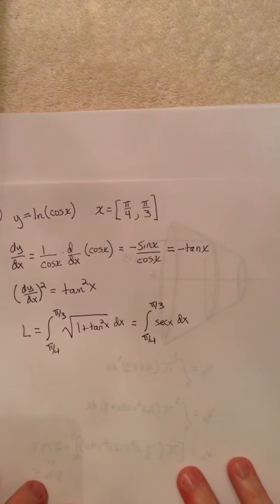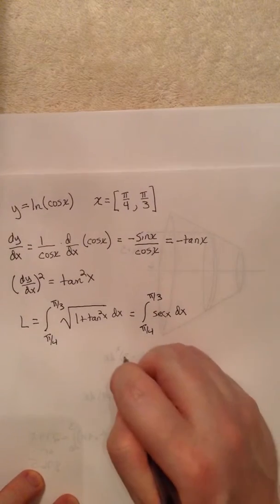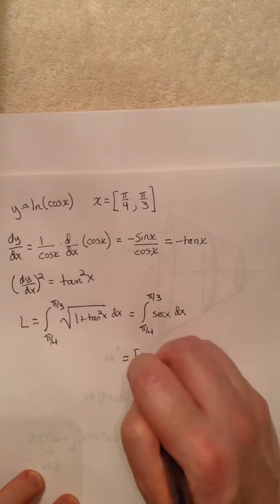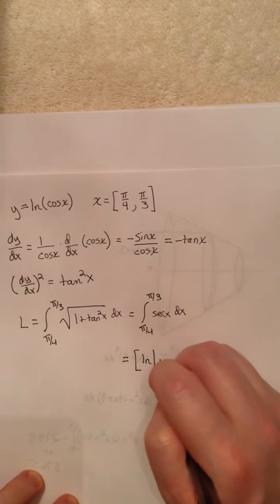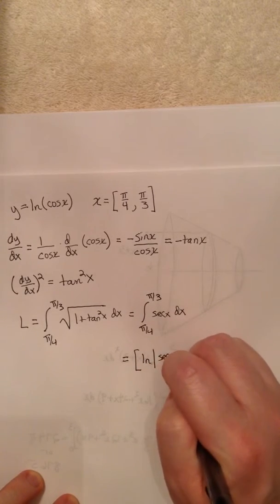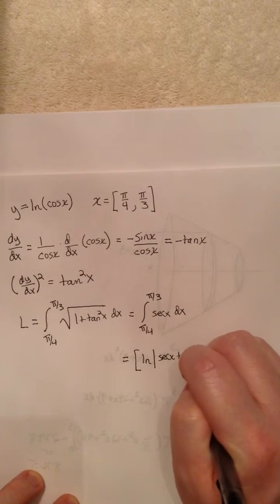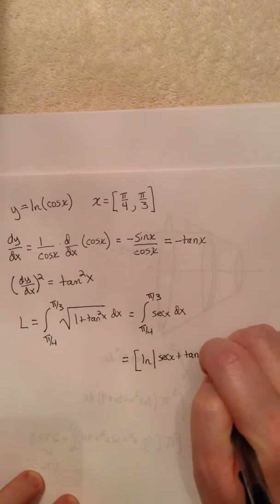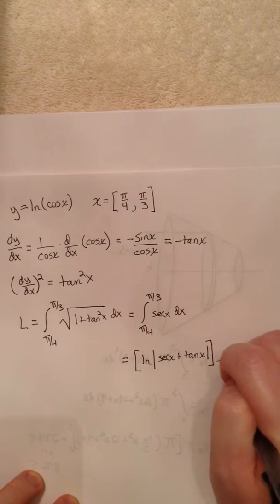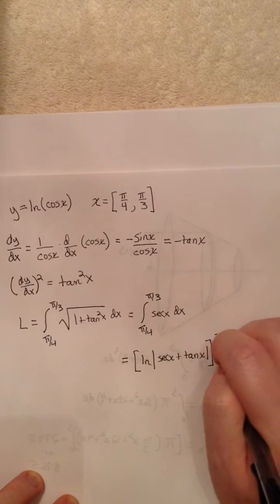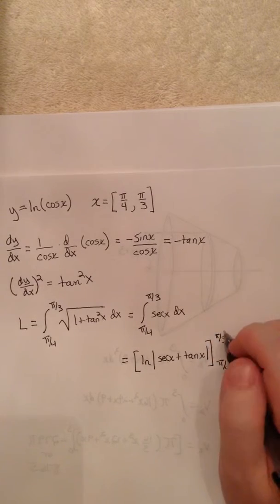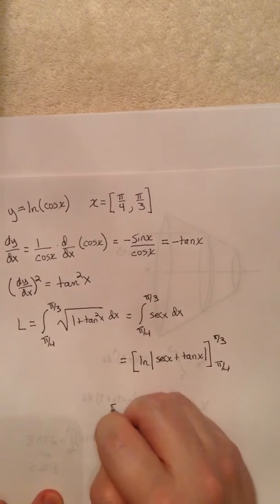And as for the antiderivative of the secant of x, this will end up as the natural logarithm of the absolute value of the sum of the secant of x and the tangent of x as x runs from pi over 4 to pi over 3, and in the attainment of the value.